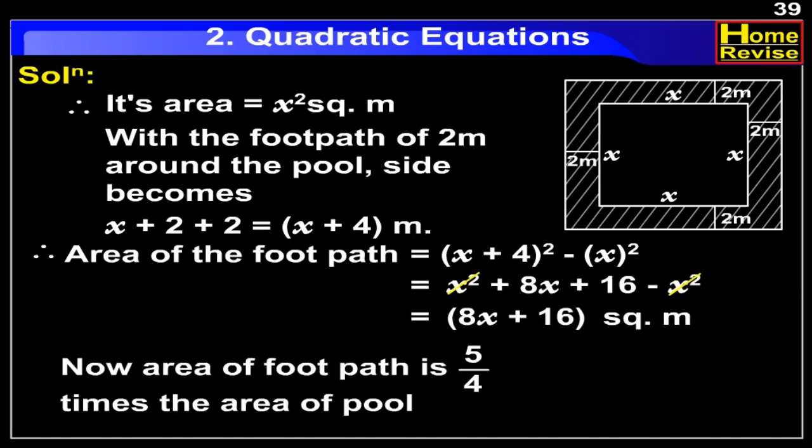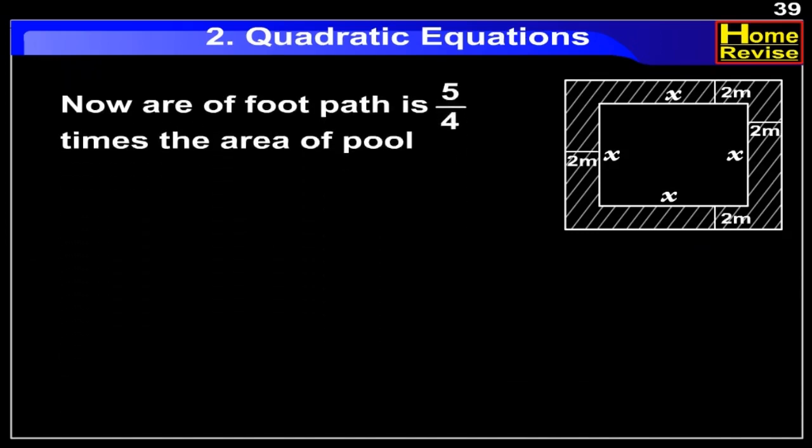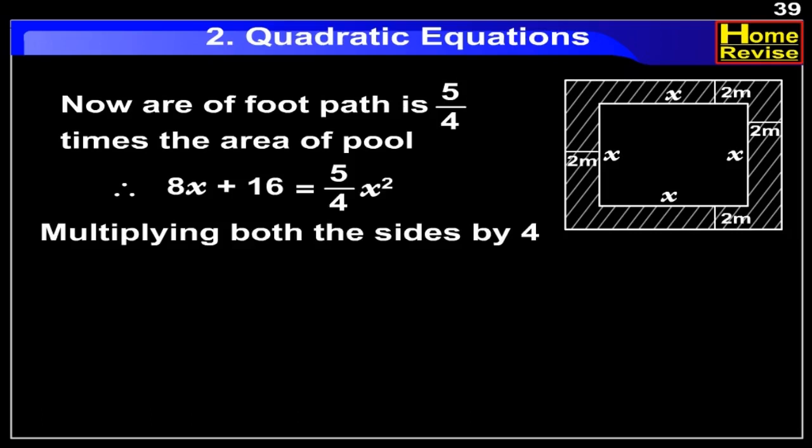Now, area of footpath is 5/4 times the area of pool. Therefore, we have 8x plus 16 is equal to 5/4 into x square. Multiplying both the sides by 4, we get 32x plus 64 is equal to 5x square.